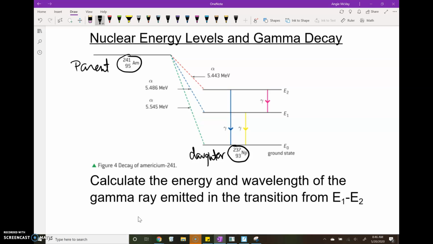Okay, so the parent nucleus undergoes alpha decay. It emits an alpha particle. And each parent nucleus, when it emits an alpha particle, emits alpha particles with discrete energies, right? They have distinct amounts of energies. Okay?